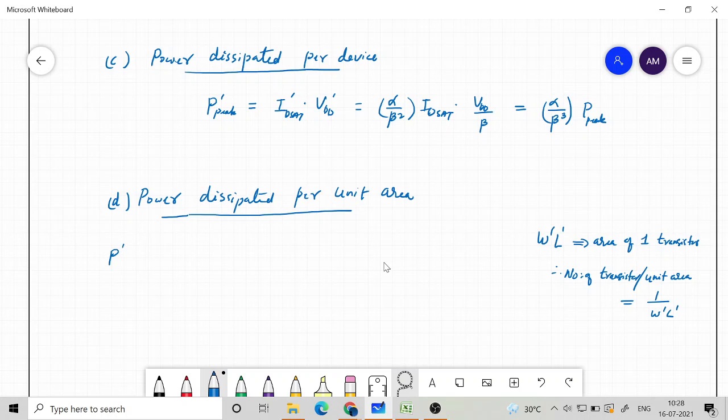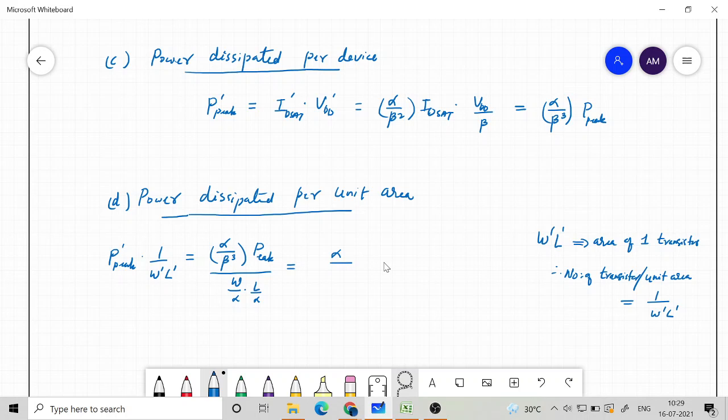So peak power dash into 1 by W dash L dash. So we have the formula for peak power, which is alpha by beta cube into peak power, and then W dash is basically W by alpha and L dash is basically L by alpha.